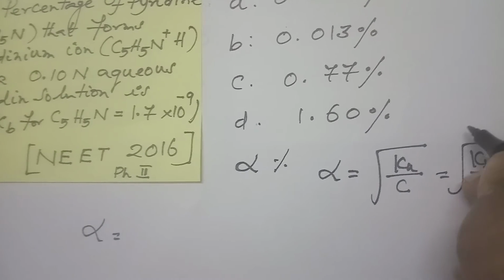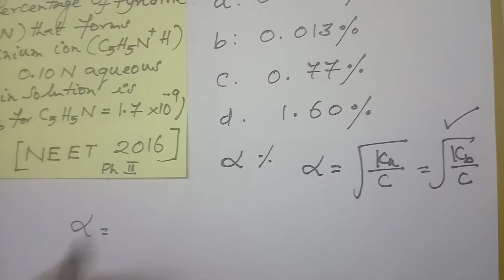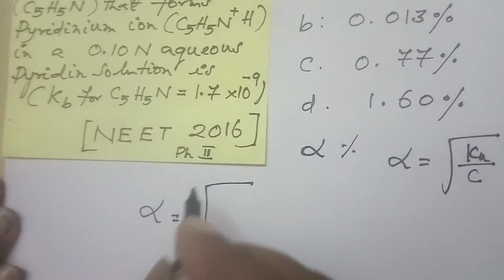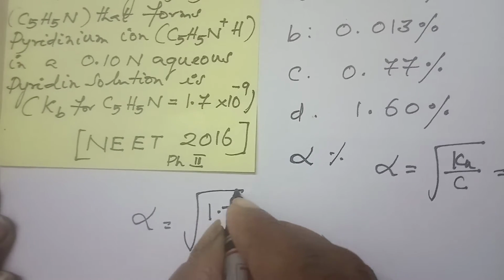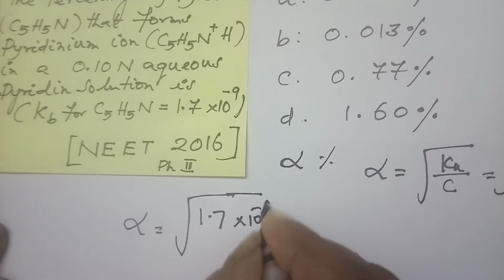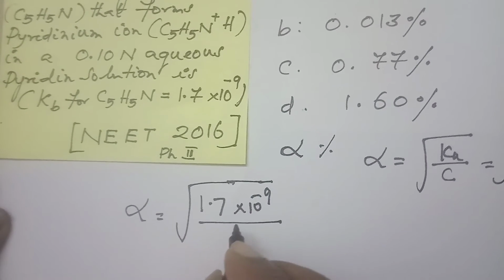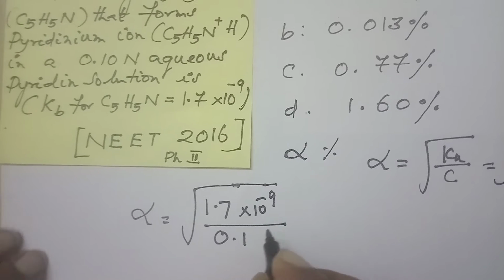Since our reagent is a base, this formula matches. Kb is given, 1.7 into 10 power minus 9, divided by concentration. The concentration of the solution is 0.1 N.